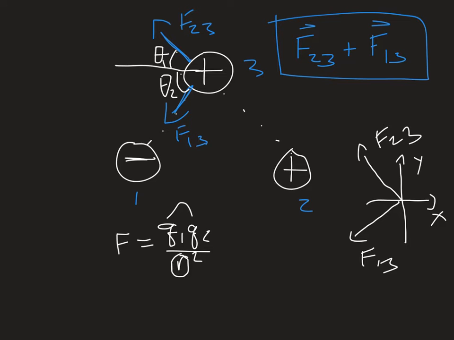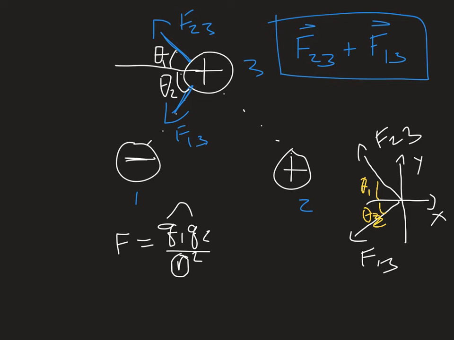And so step 2 is to find the magnitudes using Coulomb's law. And of course, over in my free body diagram, I would have an angle here. That would be my theta 1, and this would be my theta 2. And so those two angles and those two magnitudes are all you need. Then what's the third step?